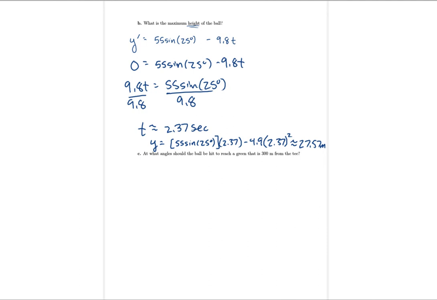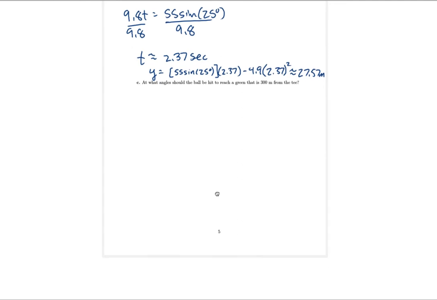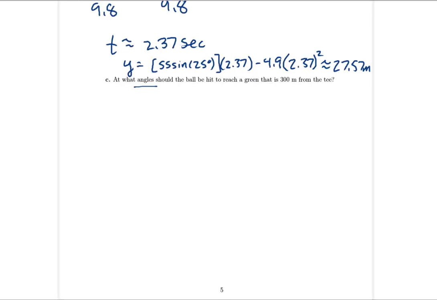And then one other kind of interesting question here. It says, at what angles should the ball be hit to reach a green that is 300 meters from the tee? Notice there's a plural there, that's kind of interesting.